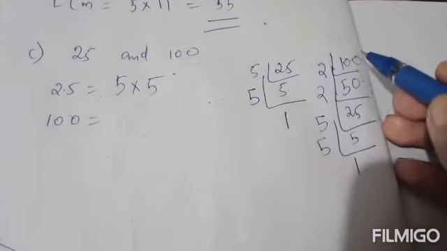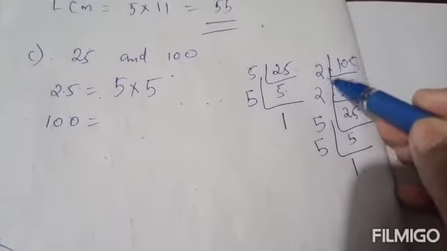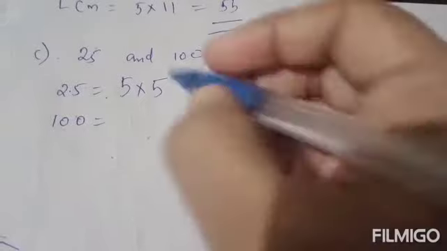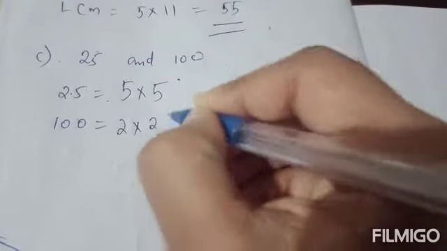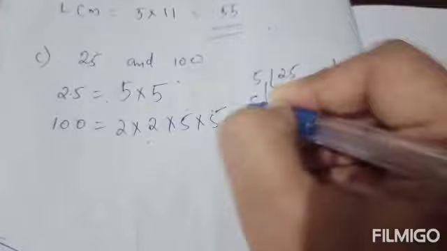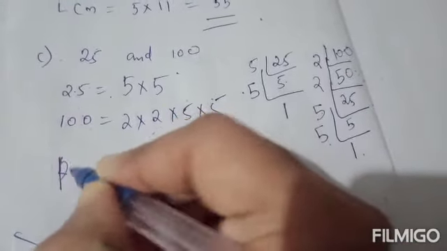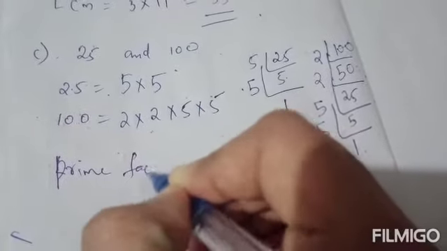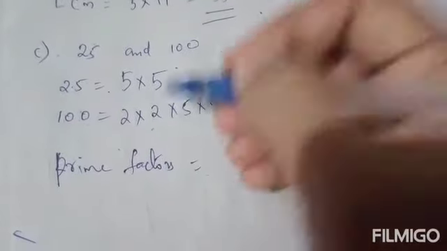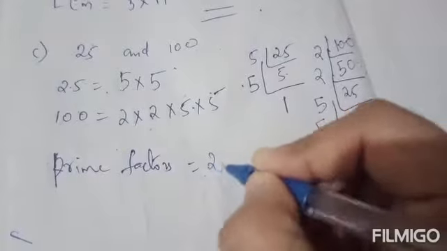Okay. So how can you write 100? 2 into 2 into 5 into 5. Okay. So prime factors used are 2 and 5.